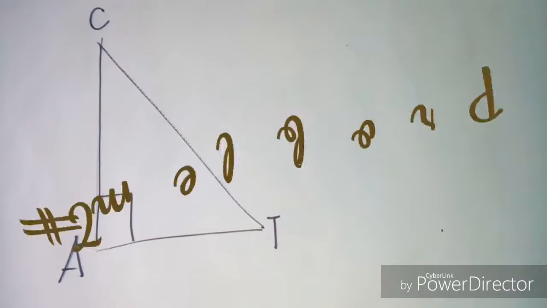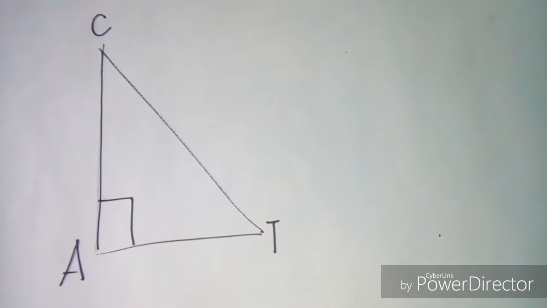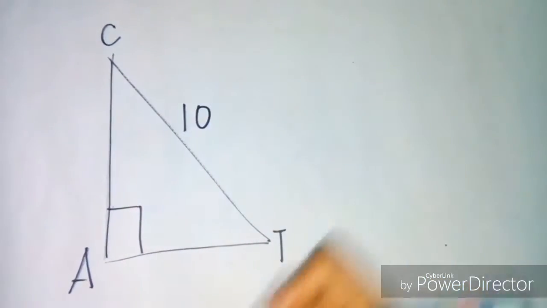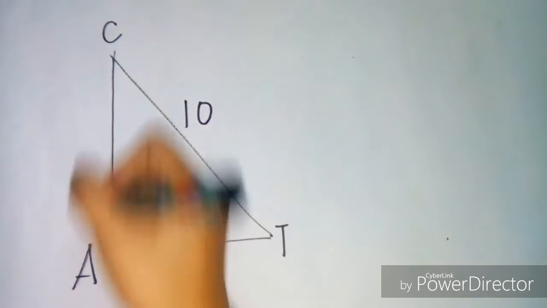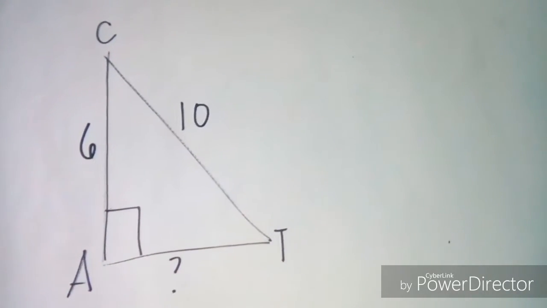Let's go deeper. Problem: right triangle CAT has a hypotenuse, line CT, of 10. Line CA is 6. How long is line AT? Unlike the problem above, we are not finding the hypotenuse of the right triangle, but its legs.